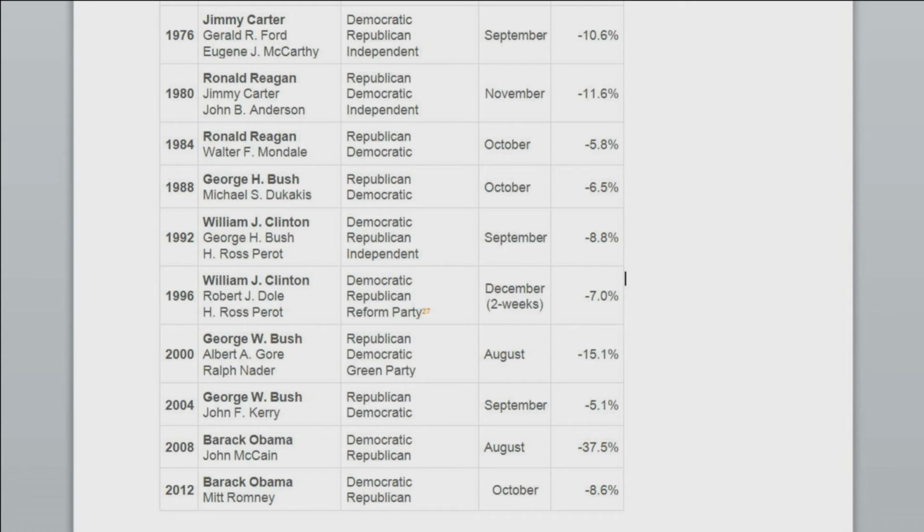In August, a correction began of 15%. George Bush, the second election in 2004, a modest 5.1% correction. 2008, the big bear market, Barack Obama, 37.5% crash. And Barack Obama's second election, beginning in October, before the election, an 8.6% decline.